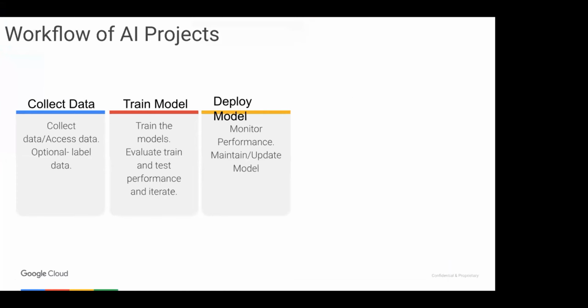You have to collect data, first of all, and the data could be available as a part of your data warehouse. If you are in a business organization, it may be some kind of transaction system that may have data as well. But then the data might not have labels, like we have X and Y. So Y may not be available in some situations where you have to do the labeling manually.